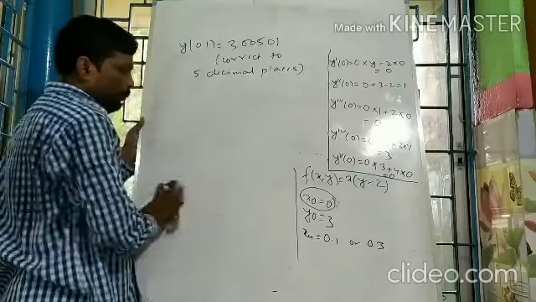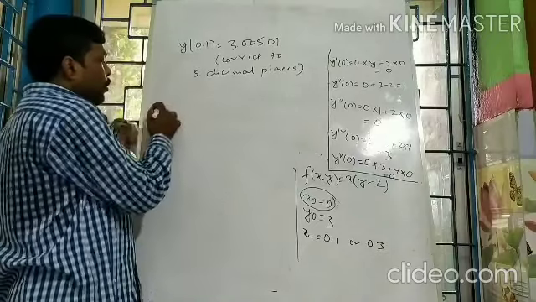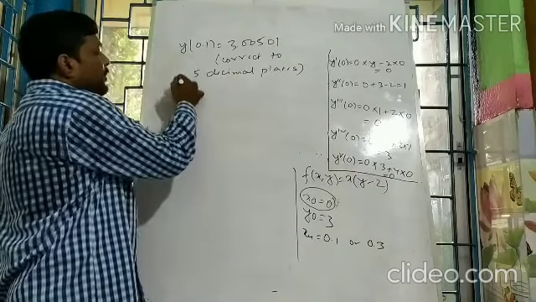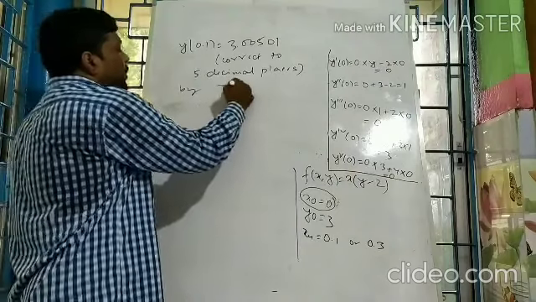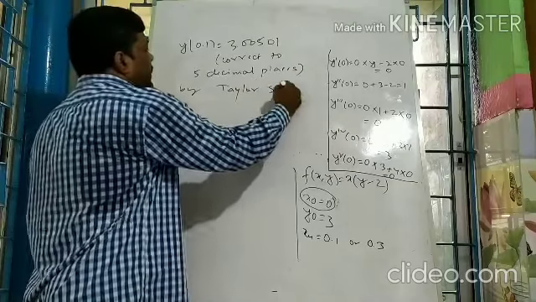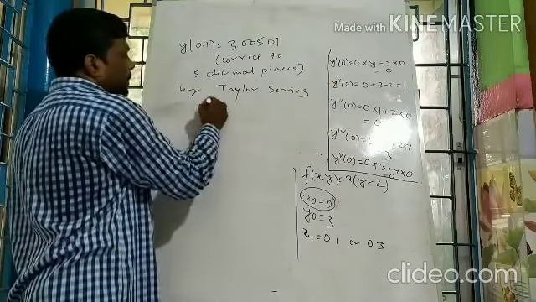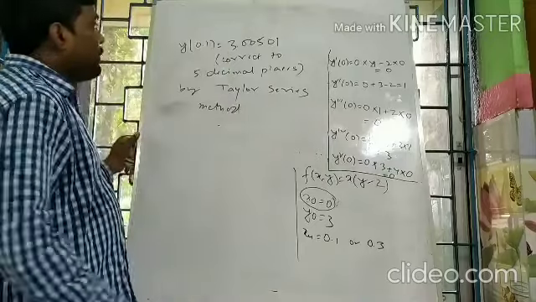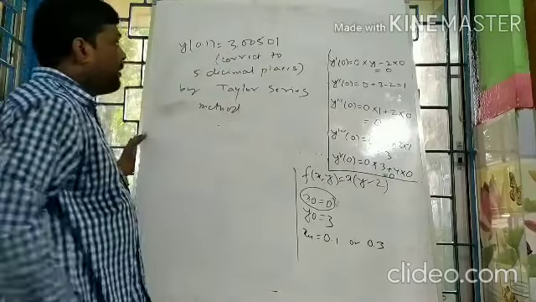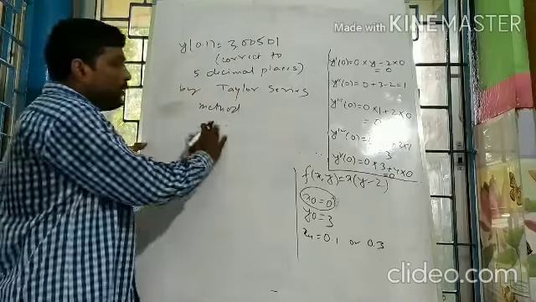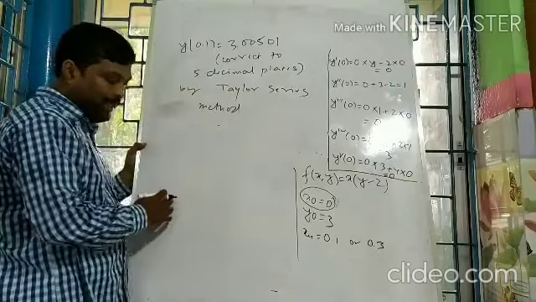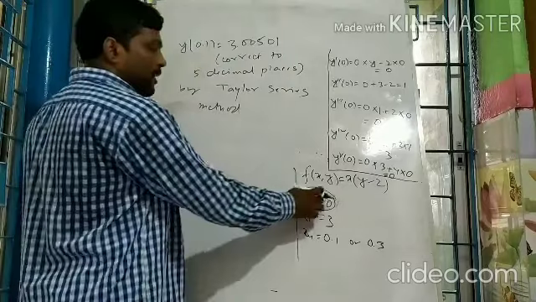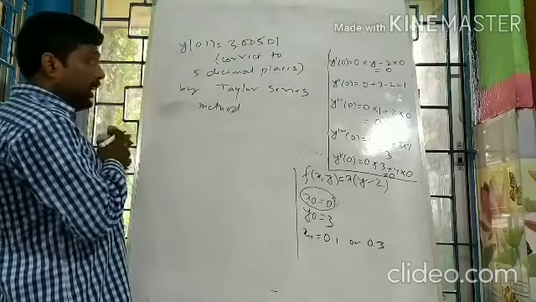Therefore y(0.1) equals 3.00501, correct up to 5 decimal places by the Taylor series method, from the differential equation dy/dx is x into y minus 2 with the initial condition that at the point 0, the value of y is 3.